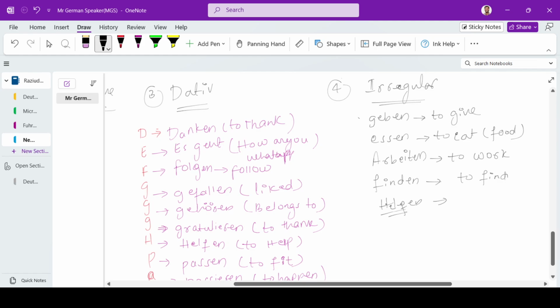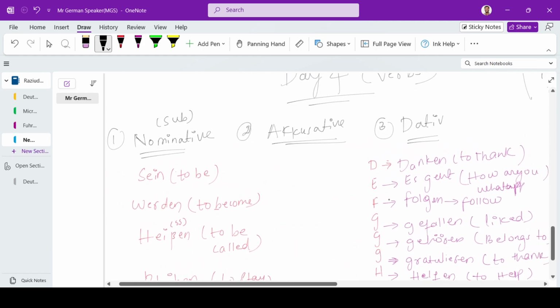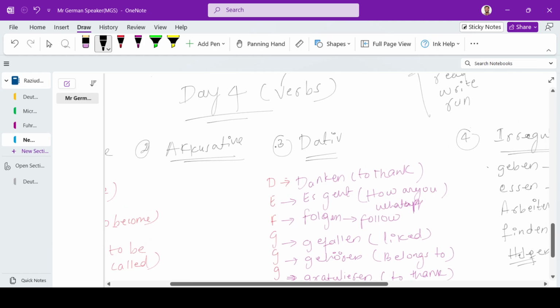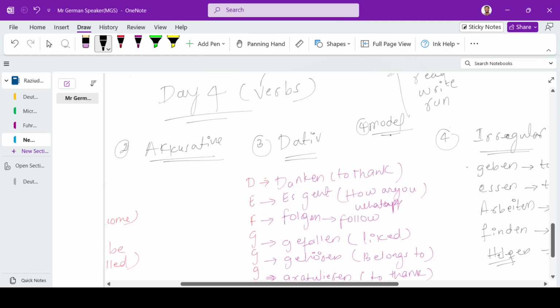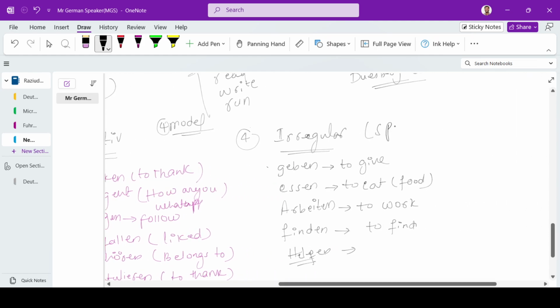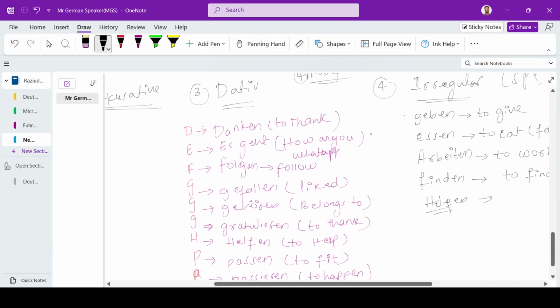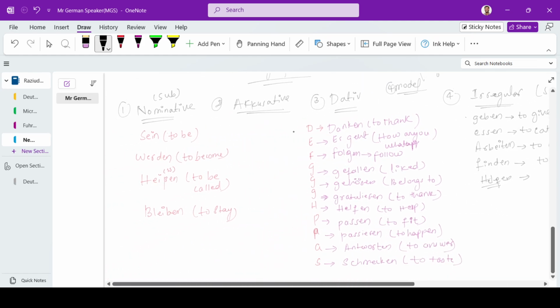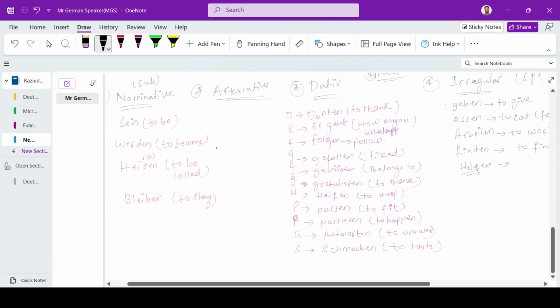Okay. So if you look at the categories, there are only four categories, including modal verbs. However, the fifth is, I would say, a special category. Irregular verbs are a special category because some of these verbs can be accusative and some can be dative.